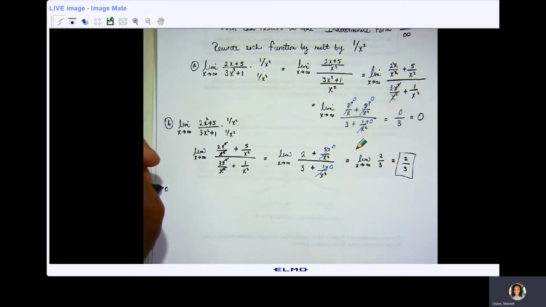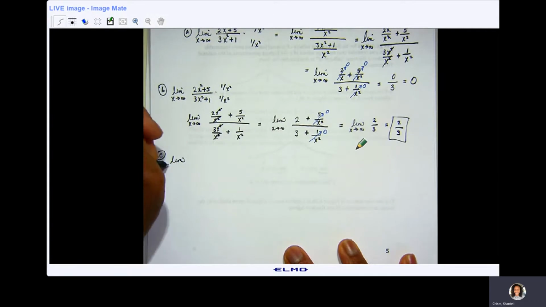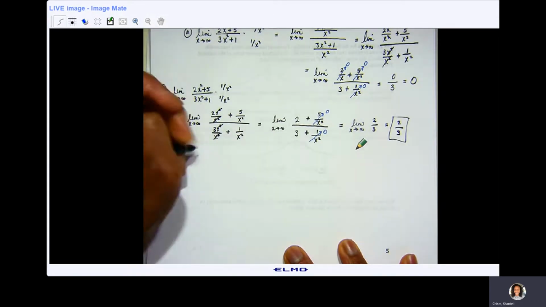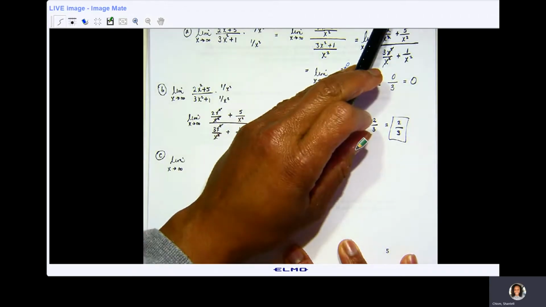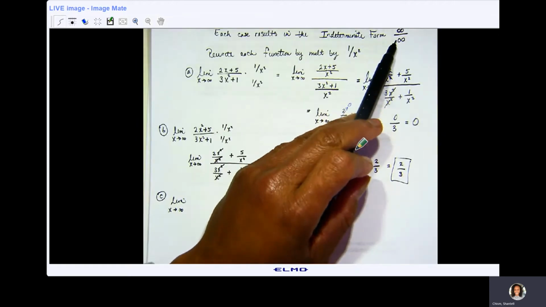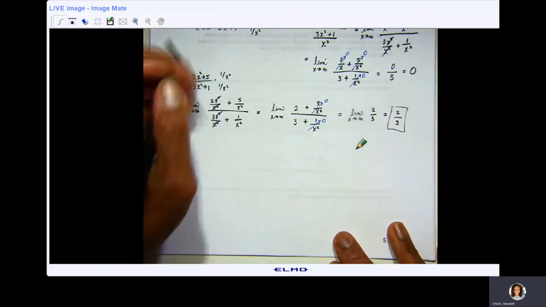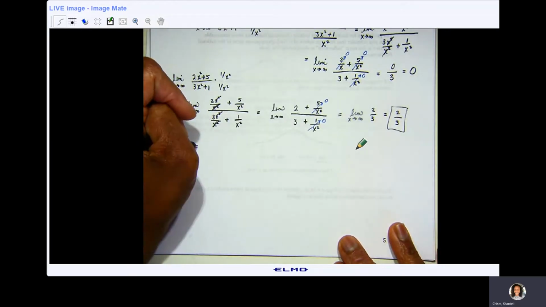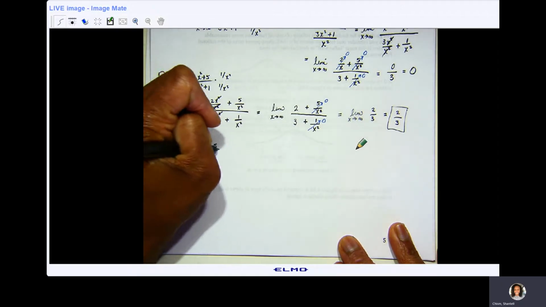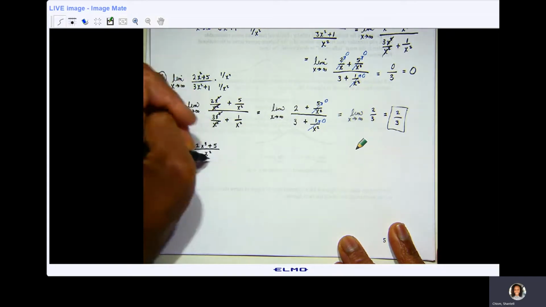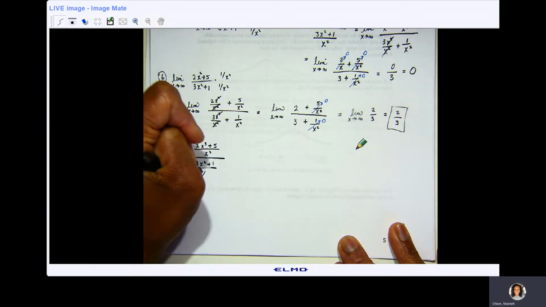Okay? One more part I want to look at, part C. Again, we have to rewrite it in an equivalent form, because as it is now, it gives us infinity over infinity, the indeterminate form. Let's back up here. So we've got 2x cubed plus 5 over x squared, and then 3x squared plus 1 over x squared.